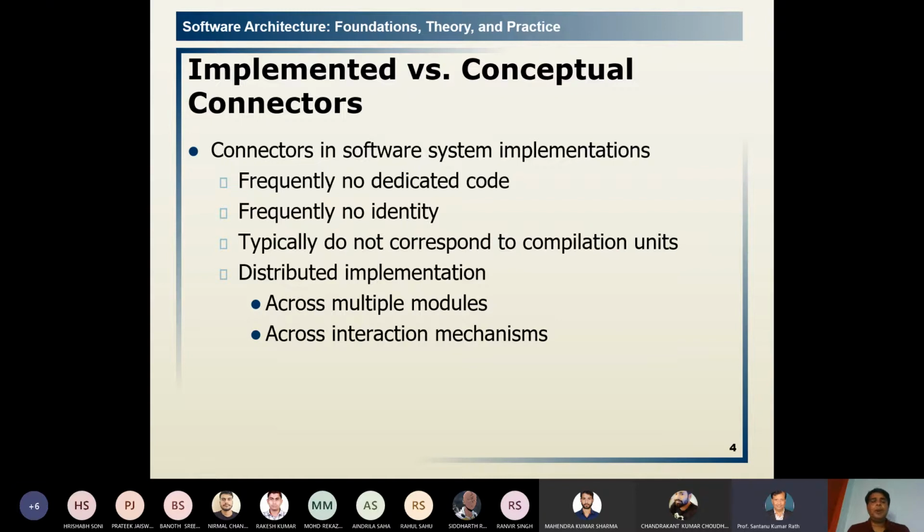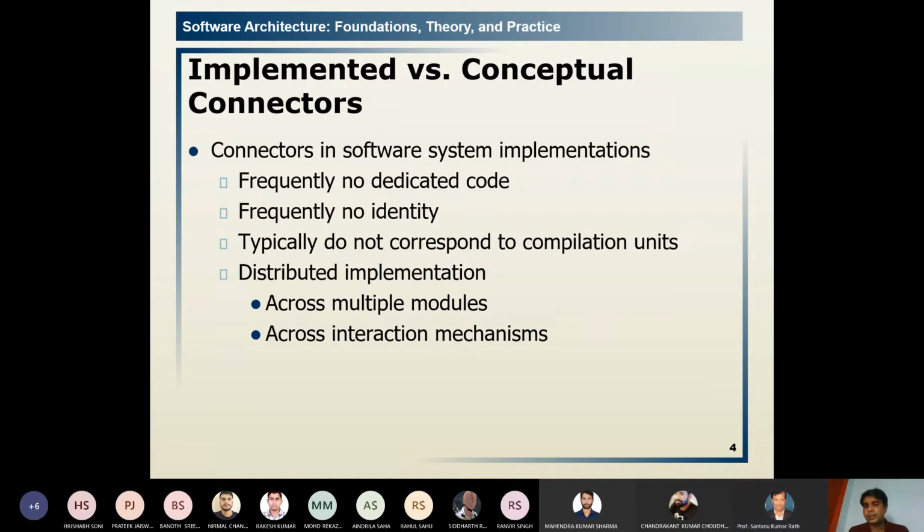Now, implemented versus conceptual connector. The first one is implemented, another one is conceptual. The connectors in software system implementations frequently have no dedicated source code for the implementation. Frequently they have no identity.